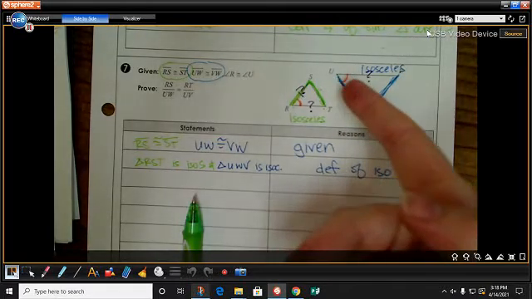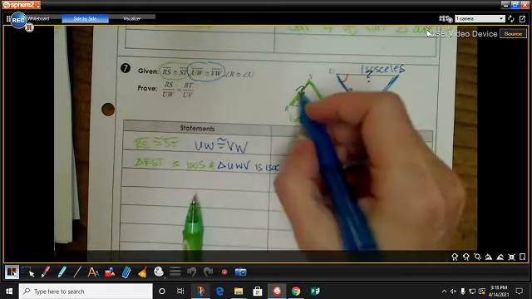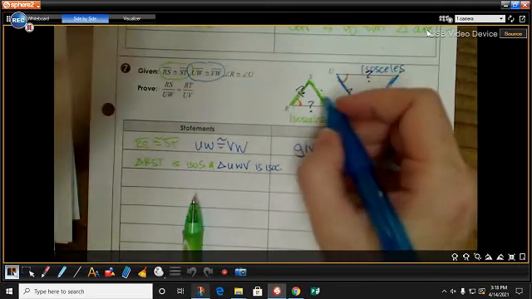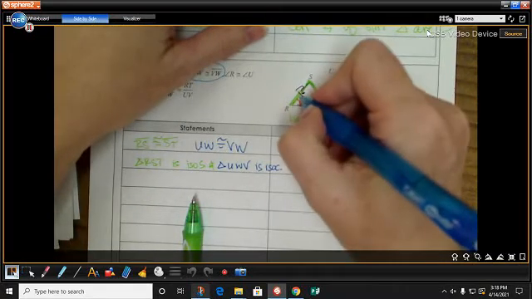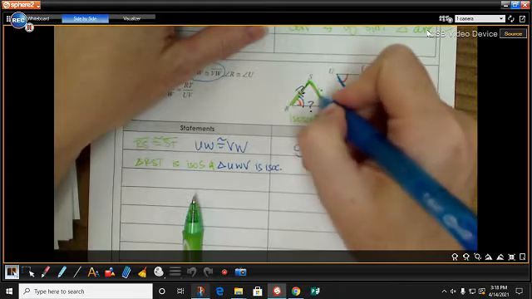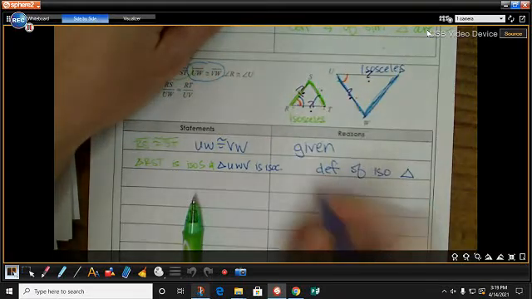Well, now what can I do with that? I know that in isosceles triangles, the sides that are congruent will be opposite angles that are congruent. So I know that this angle on the bottom is congruent to this angle on the bottom.